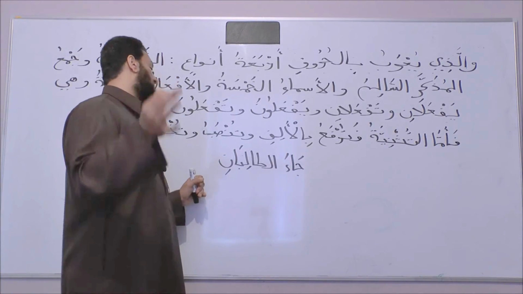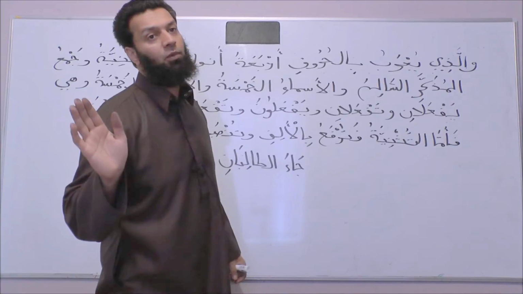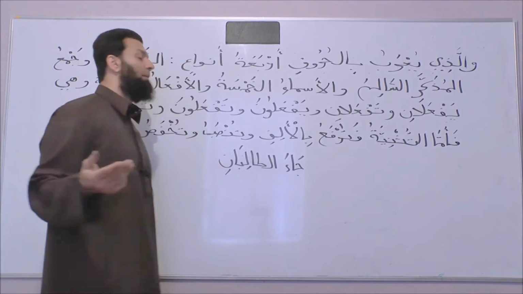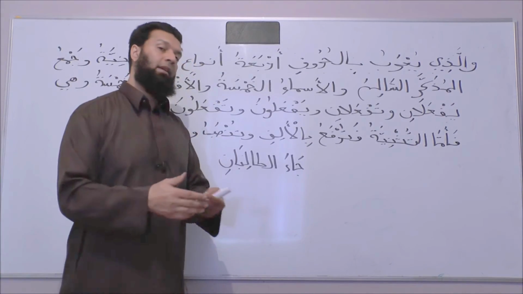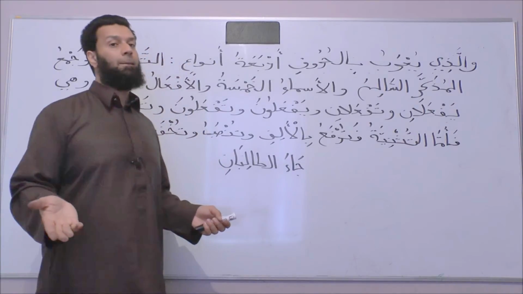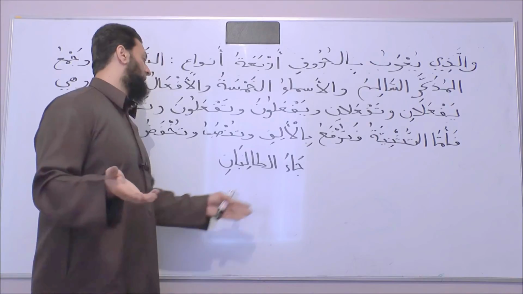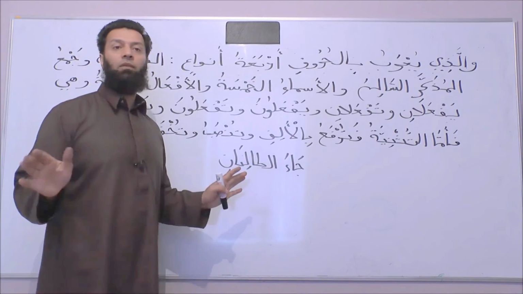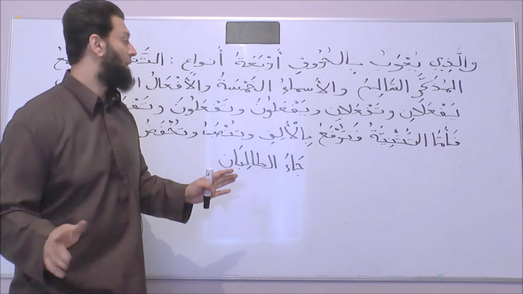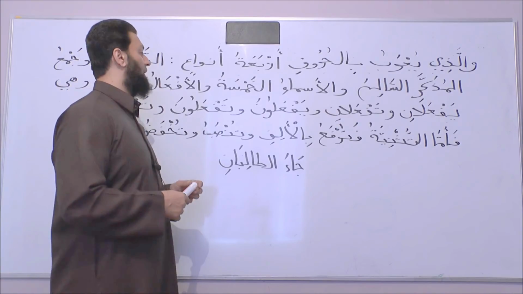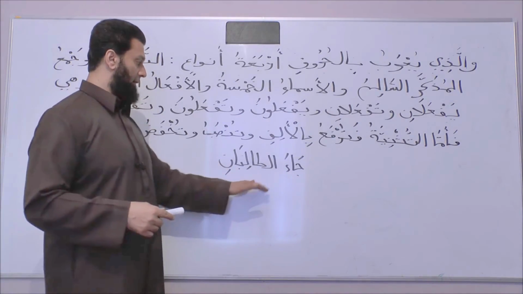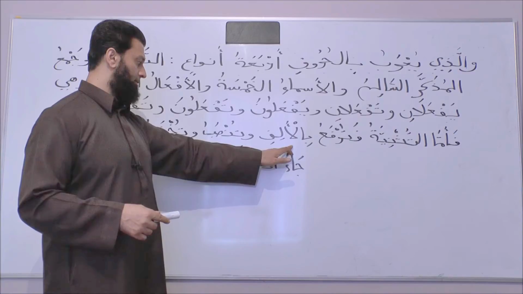Good. وعلامة رفعه الألف, and the grammarians say نيابة. It's deputizing for what? الضمة. Right? This we've already discussed previously and in other lessons. So here we say بالألف.